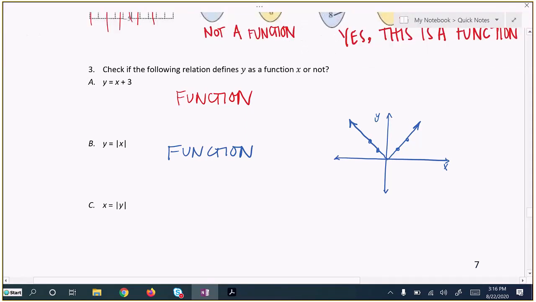How about if x is equal to absolute value of y? Well, then we would have, for each x, two different choices of y. So we'd have y is equal to x or y is equal to -x for each different x that we put in. So this is not a function.